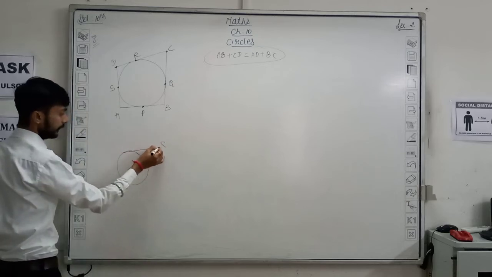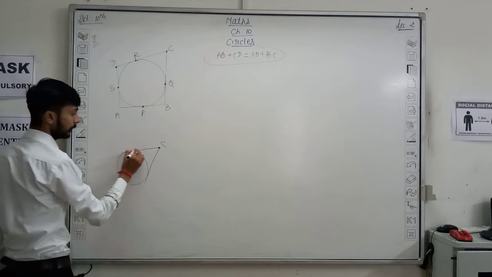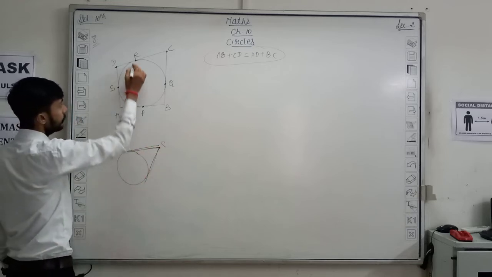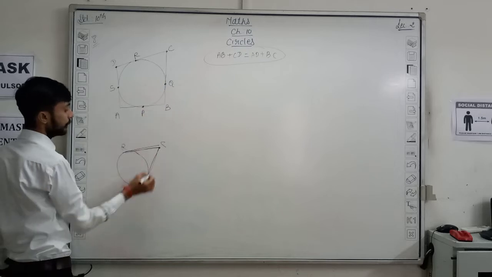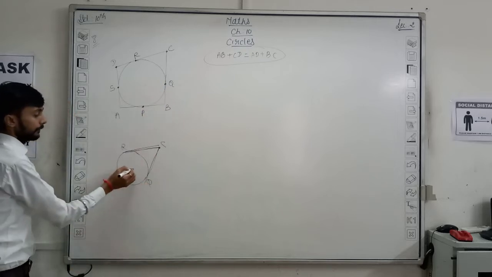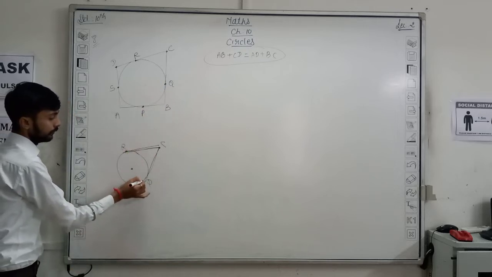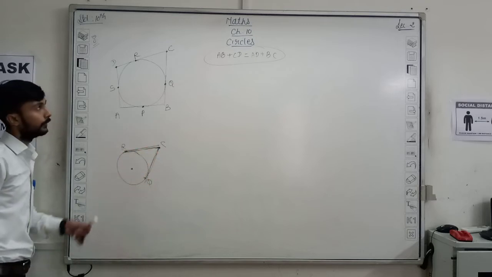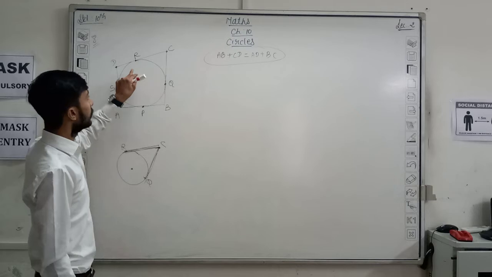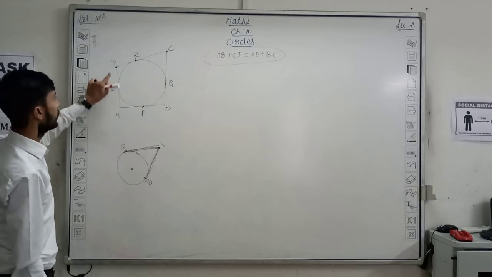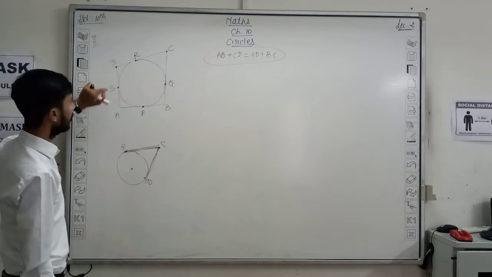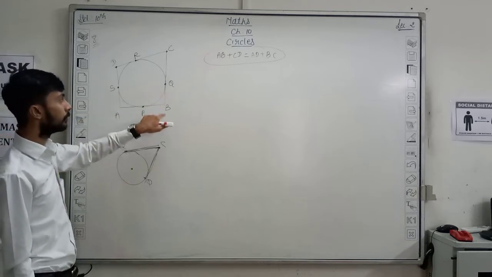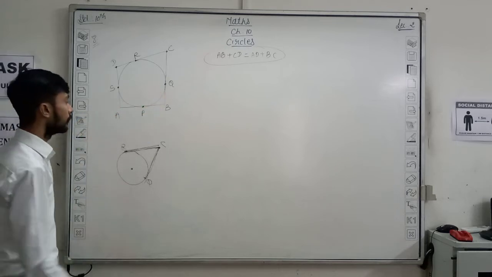From point C, the lengths of these two tangents are equal. This is point R and this is point Q. So CR and CQ will be equal, same as DS and DR equal, SA equals AP, and PB equals BQ.